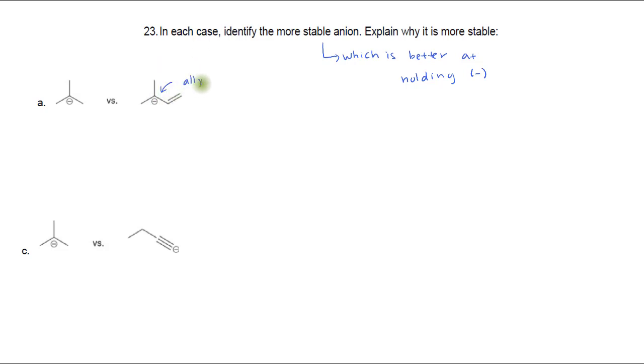This is allylic. And when you have something with an allylic negative charge or a positive charge, we have the possibility here of resonance. So we can shuffle those electrons around. I can move these electrons into this bond and these electrons from the bond onto that carbon.